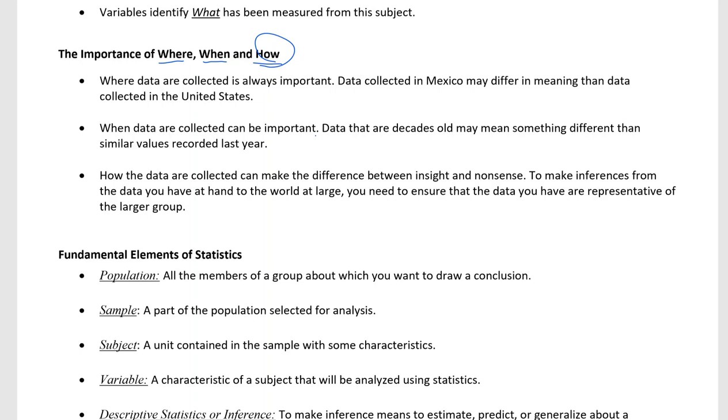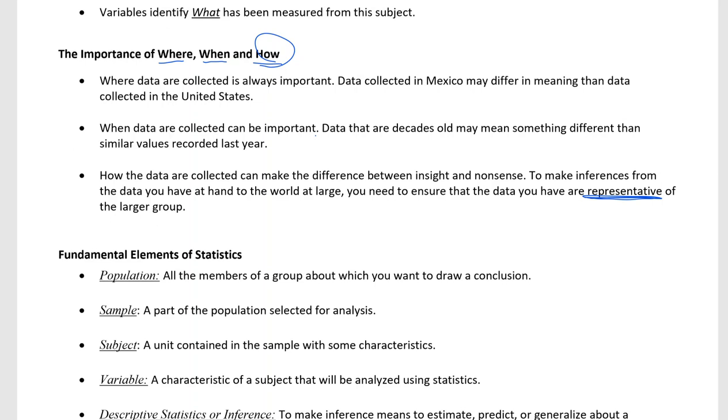Okay, so we say how the data are collected can make the difference between insight and nonsense. To make inferences from the data you have at hand to the world at large, you need to ensure that the data you have are representative of the larger group.